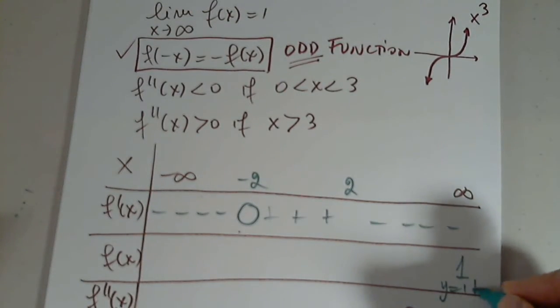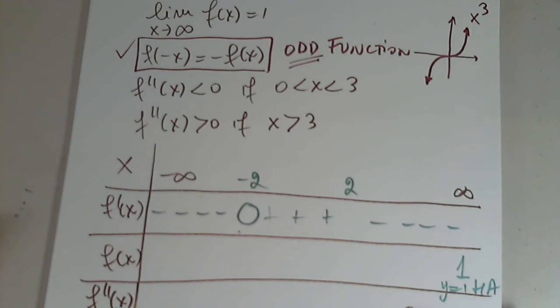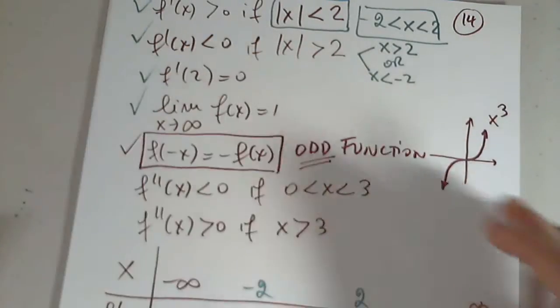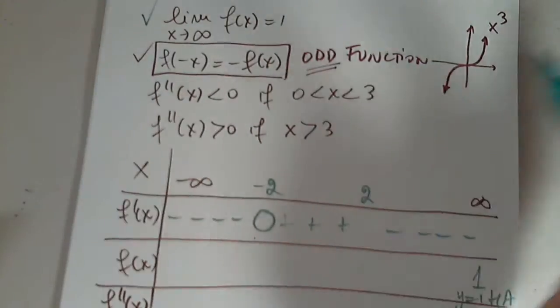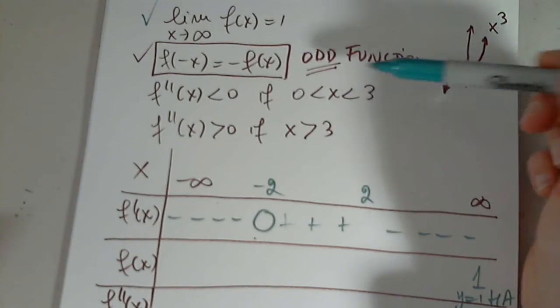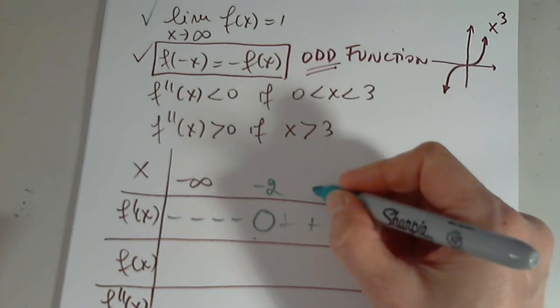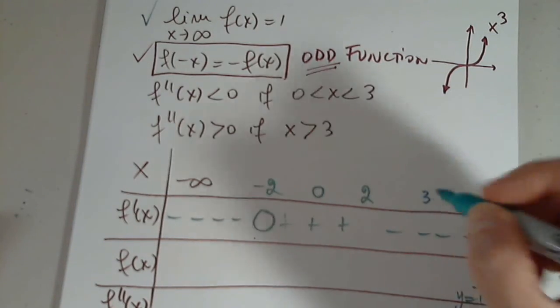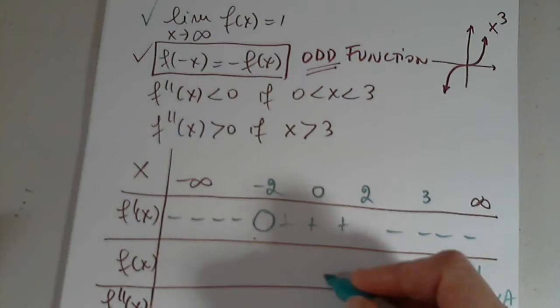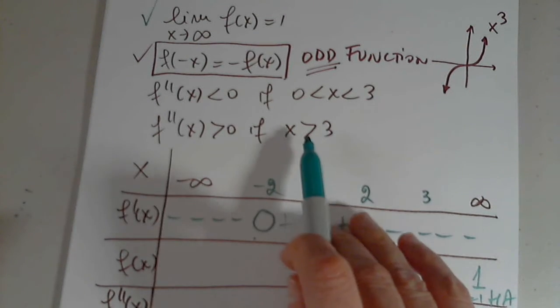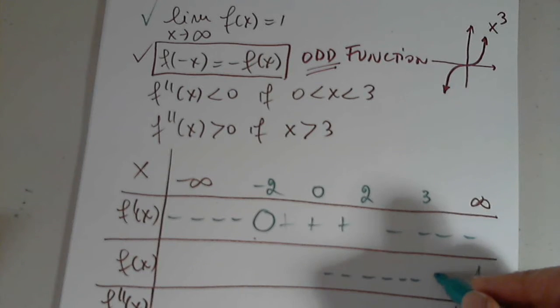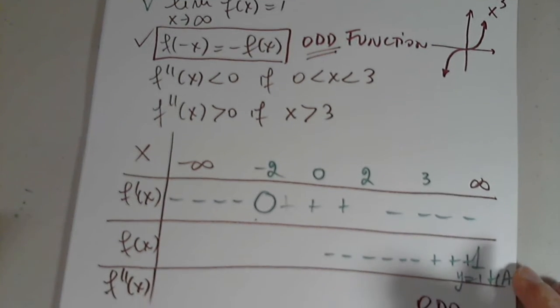y equals 1, a horizontal asymptote at infinity. Okay, the second derivative between 0 and 3 is negative, and greater than 3 is positive.